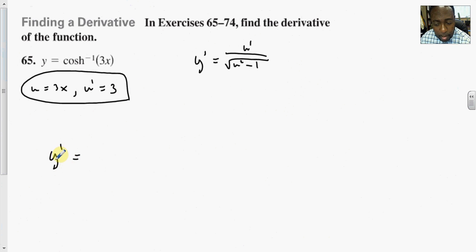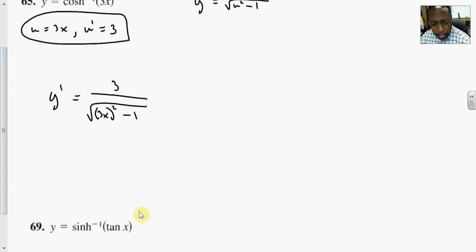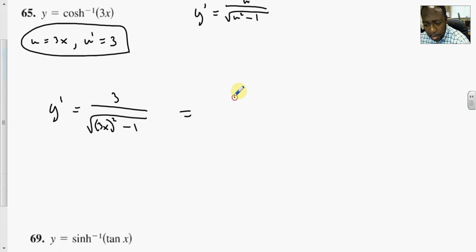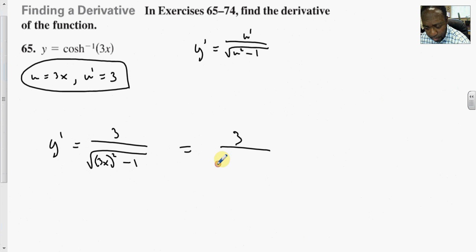So here, this y prime is the u prime, which is 3, all over the square root of u squared, which would be 3x squared, minus 1. And that just gives us 3 all over the square root of 9x squared minus 1.